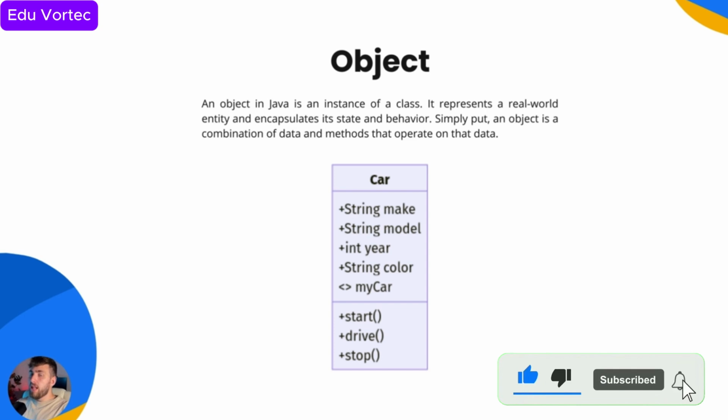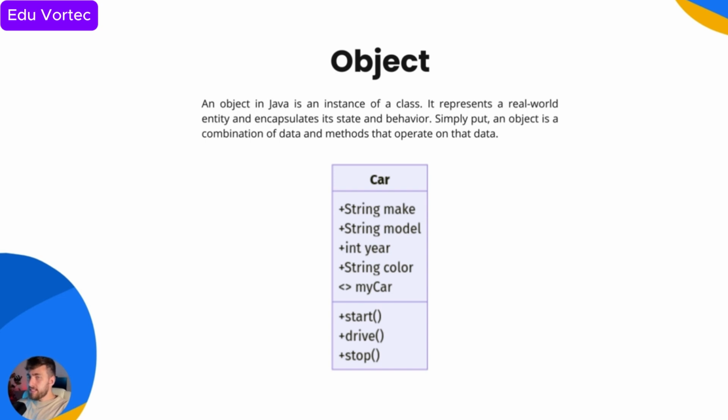For example, let's consider a class called Car. A car can have properties such as its make, model, year, and color. It can also perform actions such as starting, driving, stopping, and so on. These properties and actions can be represented as variables and methods within the Car class.